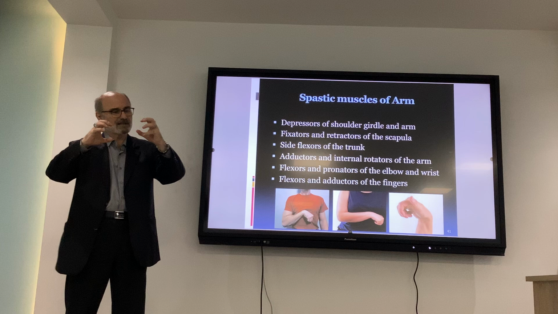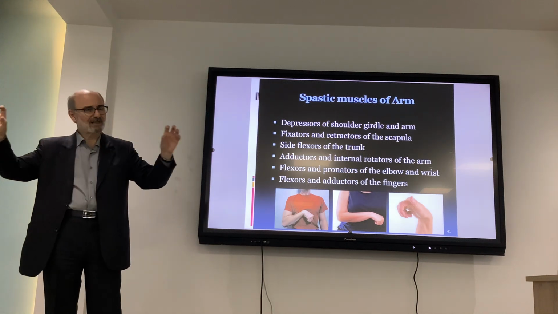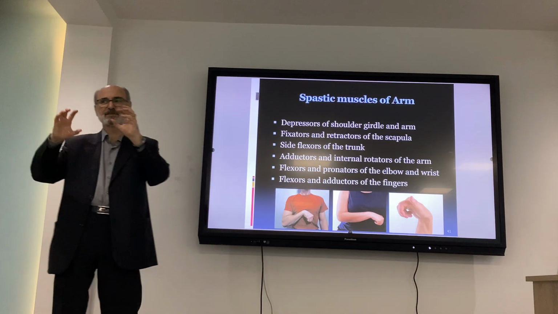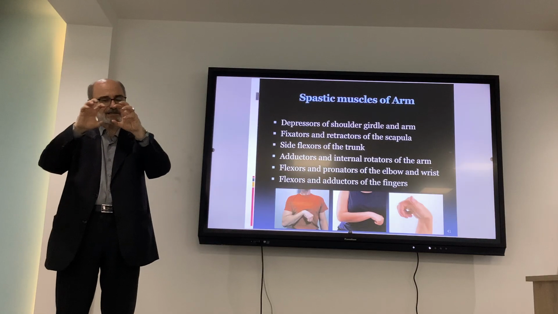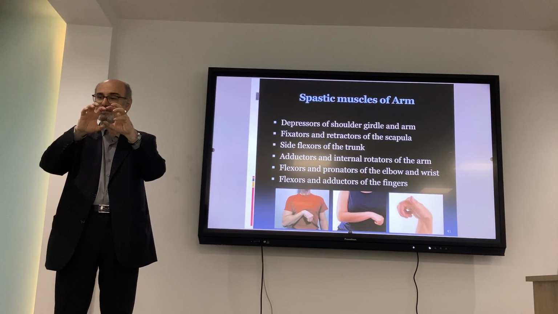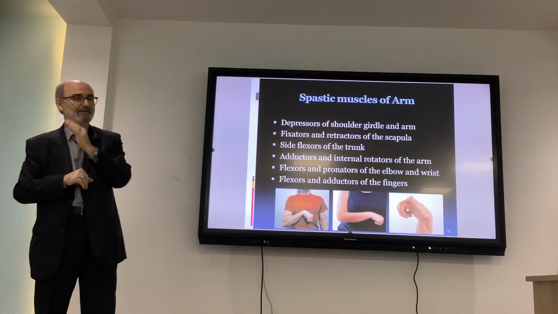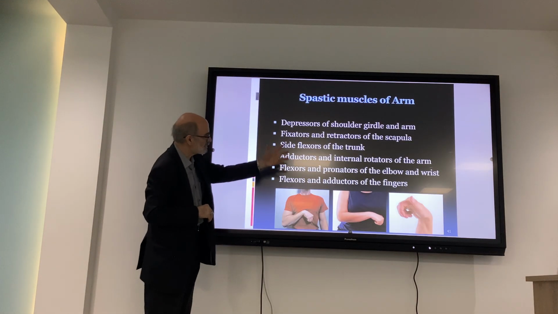Therefore, you can easily apply stretching to elongate the side flexors. One of the techniques we use in treating patients with stroke is stretching and elongation of the side flexors of the trunk on the affected side. Therefore, these muscles are affected.